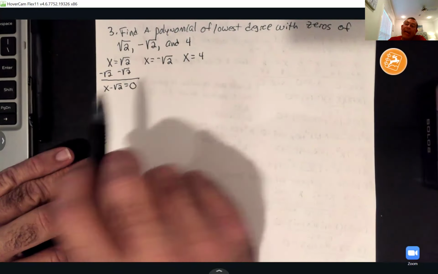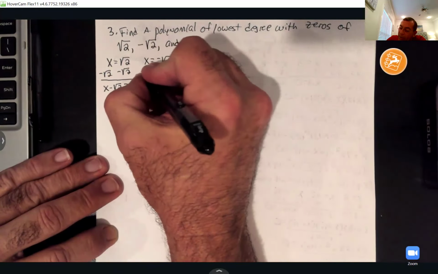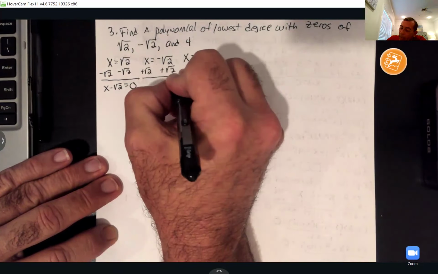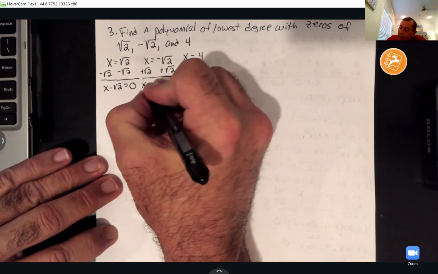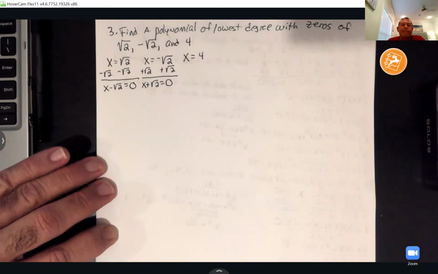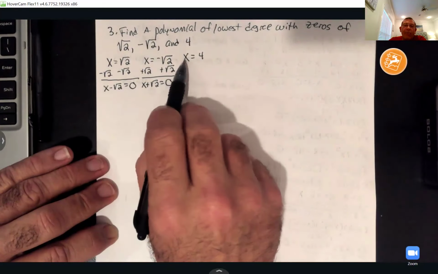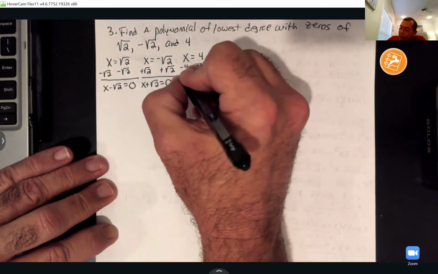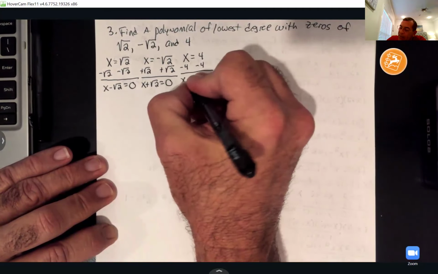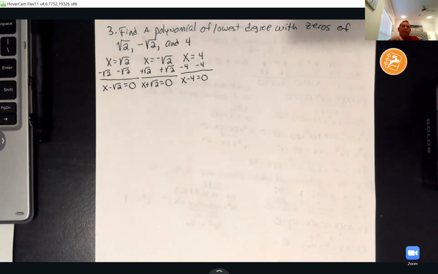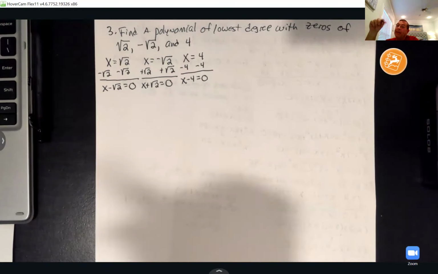This one's negative, so we got to add square root of 2. So I get x plus square root of 2 equals 0. And y'all, finally, we're going to move that forward by subtraction, and I get x minus 4 equals 0.